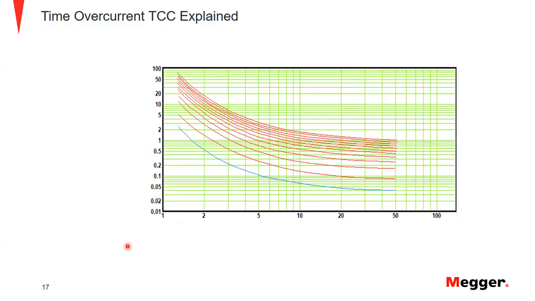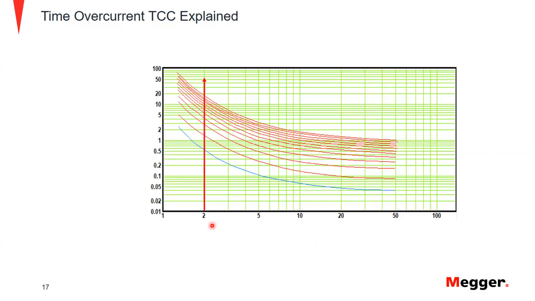So in this example here, what I like to show is, we just showed that if we did a 2 times multiple, we would have one time, 5.8 seconds. So in this one, we have multiple time current curves here, and these all could be time dials. So we could go from half time dial, 1, 2, 3, all the way up to however many time dials or time multiplier settings that the relay could have.